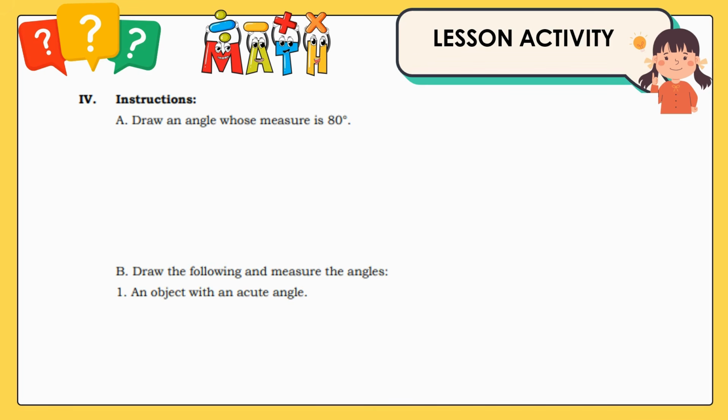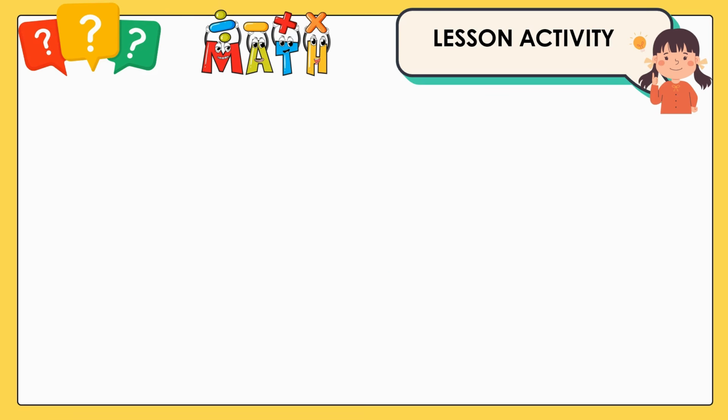Letter B. Draw the following and measure the angles. Number 1. An object with an acute angle. Number 2. An object with a right angle. Number 3. An object with an obtuse angle.